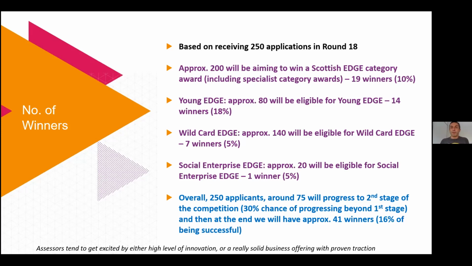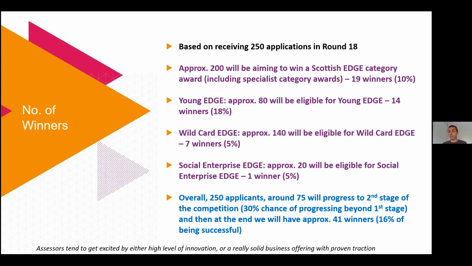So of the 250 applicants, as I say, it could be 200, it could be 300. We think there'll be 75 places to go to the next stage. When we do the first stage assessments, when we look at your application forms and videos, across all the categories we'll be looking to take 75 applicants through to the next stage.